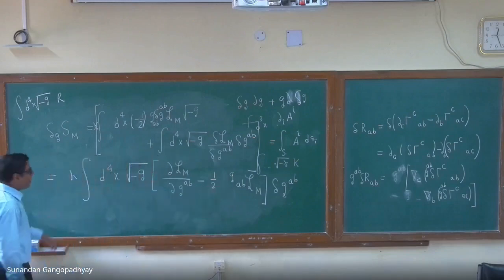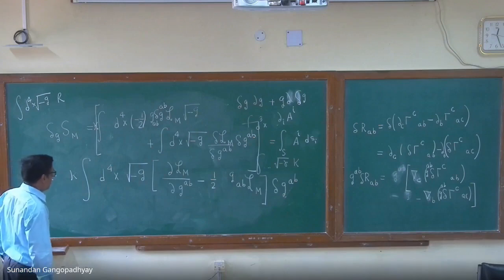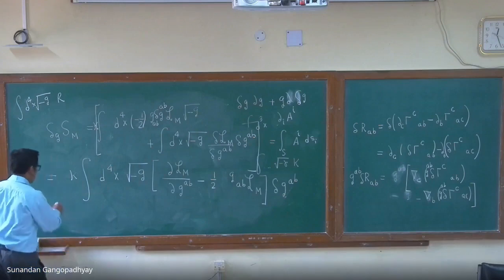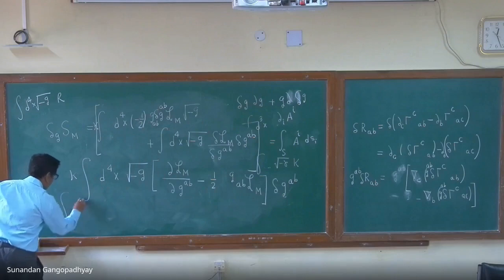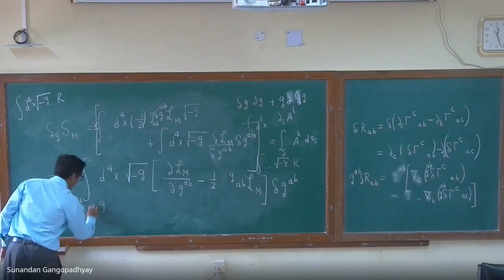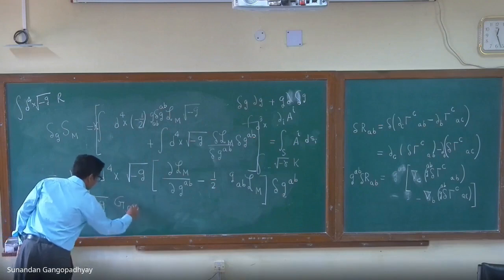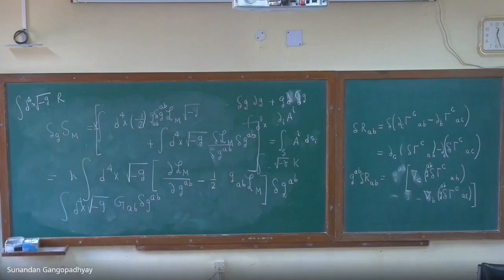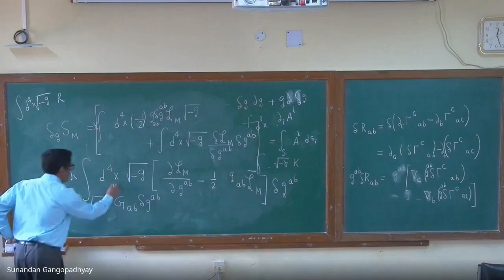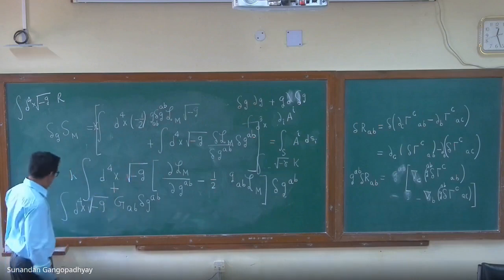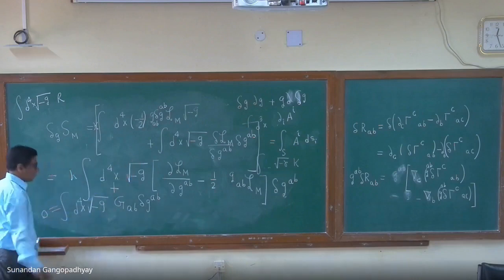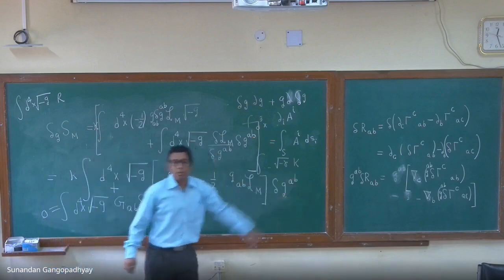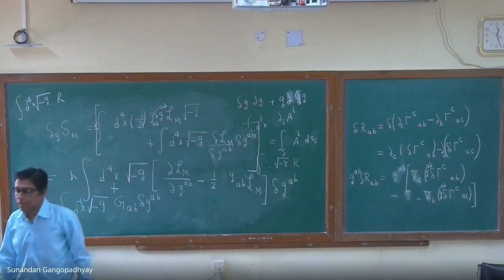What is added to this? You have this. So this plus this thing is equal to 0. Delta g is common, then take it outside.